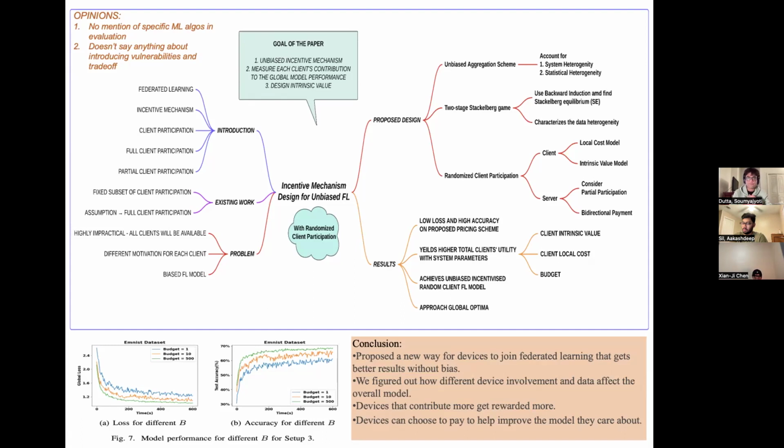What it can lead to is statistical heterogeneity, which means some clients' data might not be representative of the entire client population, right? So in that case, it could produce a biased model.